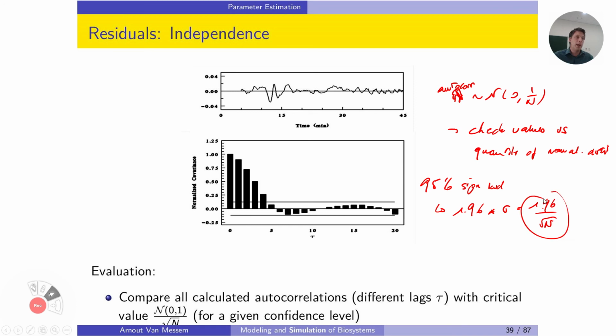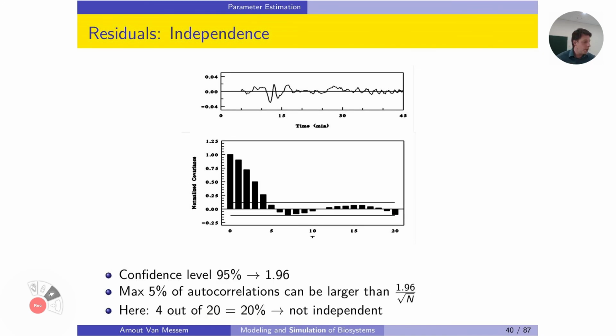So plus and minus: we have a positive one and a negative one. What we then want is that 95% of my autocorrelations lie within this interval. Here, what we see is there are 1, 2, 3, 4 which lie outside the interval. And 4 out of 20 is 20%.